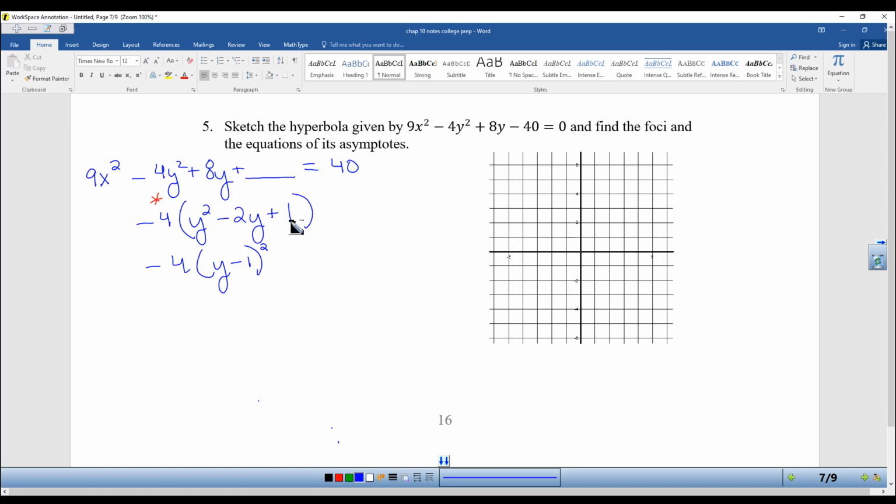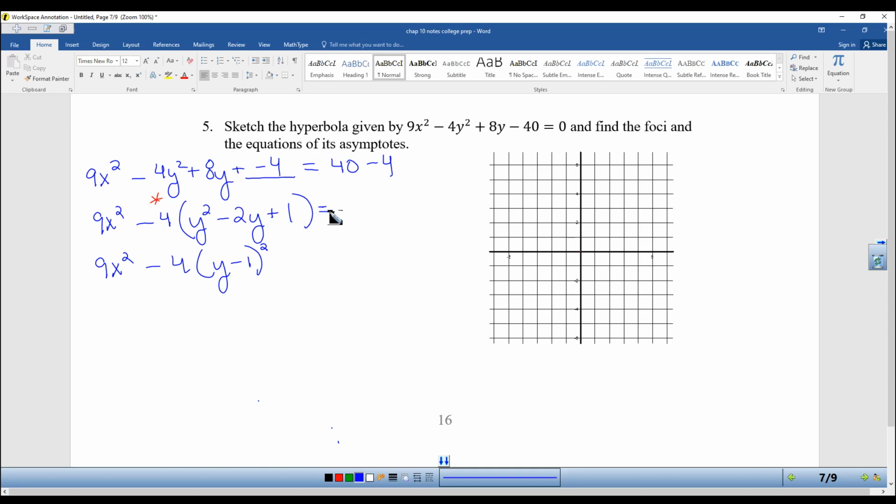And then when you square it, you get 1. But when you do -4 times +1, you get -4, which means you're actually adding a -4 to this side, so you also have to add a -4 to the other side. Definitely a little bit tricky there. The 9x squared had nothing new, so I'm just going to leave that like that.